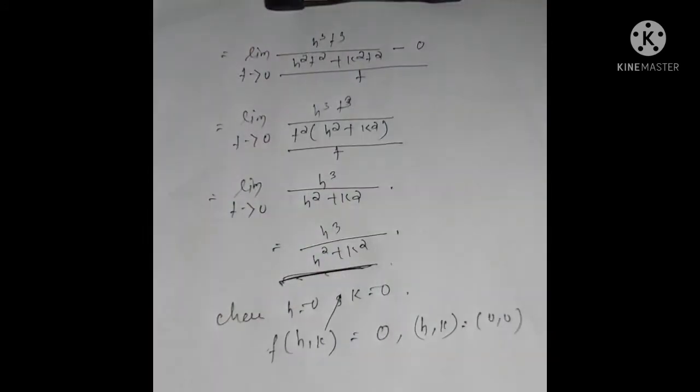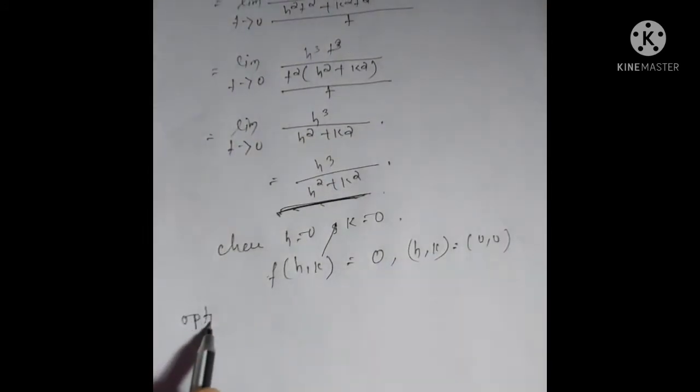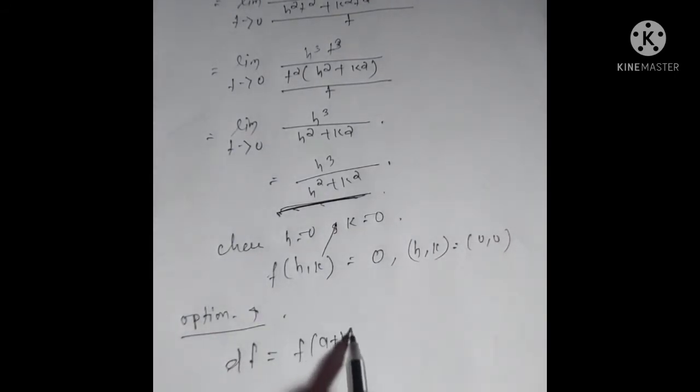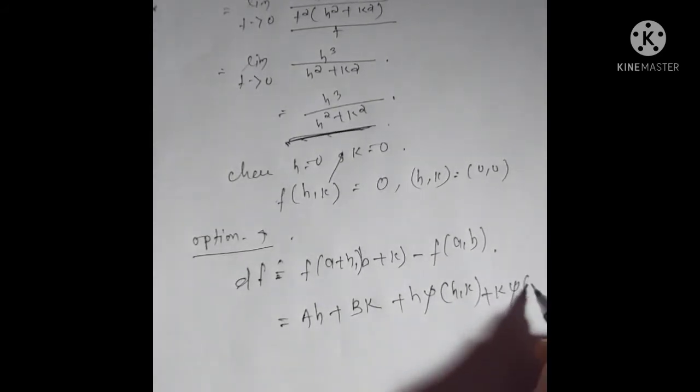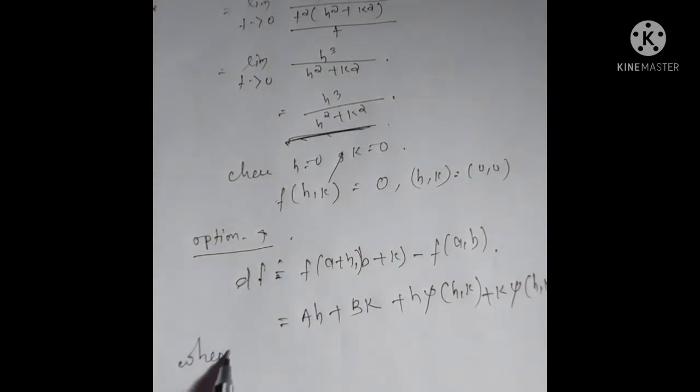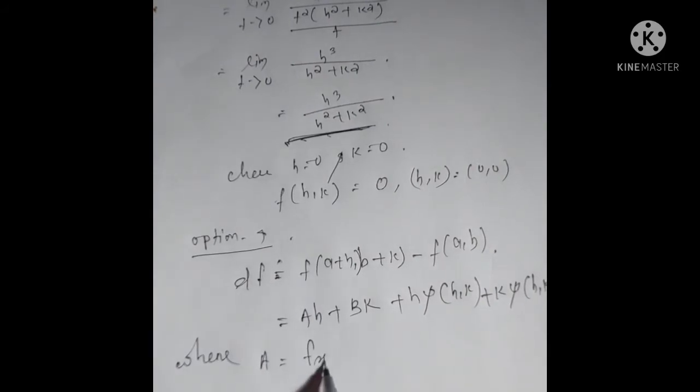Now option 4, f is not differentiable at origin. To prove whether f is differentiable or not, we have to know that Δf = f(a+h, b+k) − f(a,b) = ah + bk + hφ(h,k) + kψ(h,k), where a is the partial derivative with respect to x at point (a,b) and b is the partial derivative with respect to y at point (a,b).